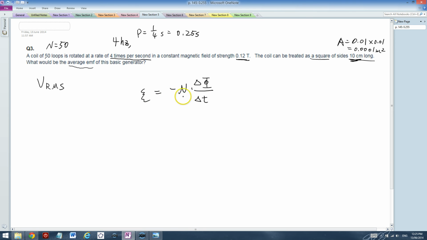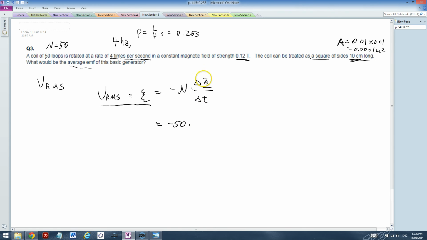Let's put everything in. Remember, the value calculated using this equation is the RMS value. So n is 50, so minus 50.